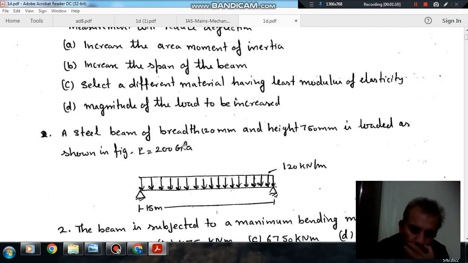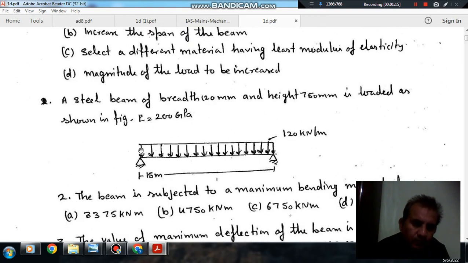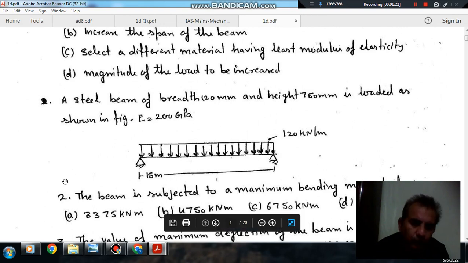A steel beam of breadth 120 mm and height 750 mm is loaded as shown in the figure. E is equal to 200 GPa, and this is your beam. This is 120 kN per meter, and this is 15 meters.